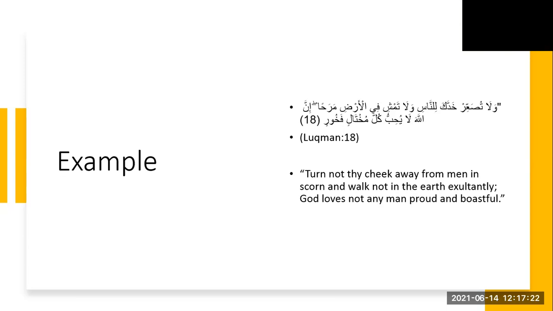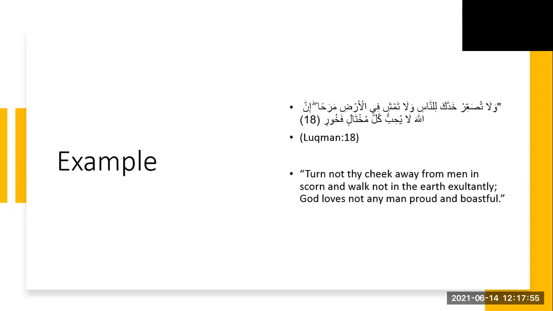Turn not thy cheek away from men. Okay. Actually, this is the first meaning of تصعر. إن أنا أدير وجهي أو أعرض عن الناس. Turn not thy cheek away from men. طب فين الاحتقار والتعالي؟ In scorn.